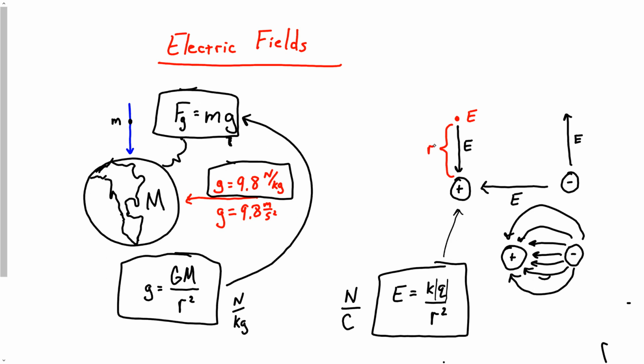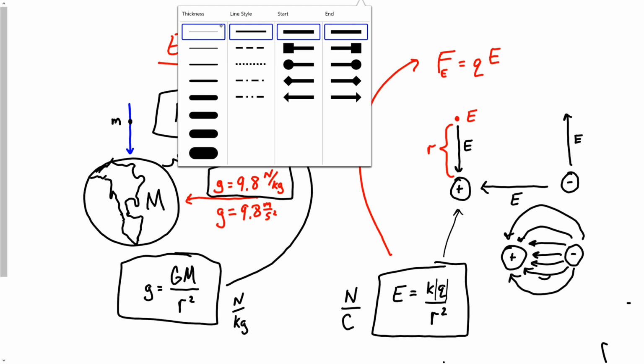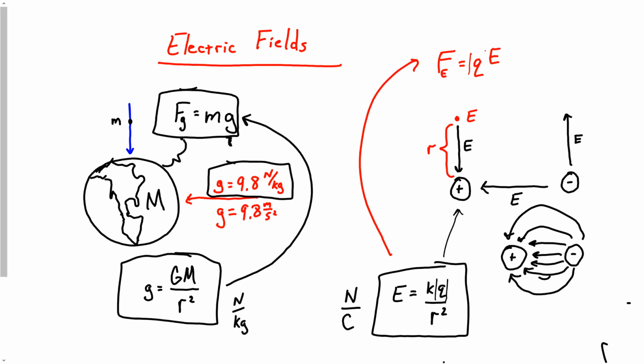And just like with gravity, I can also tell you the force. The force of the electric field is equal to q times the electric field strength. I'm using absolute values again at this point.